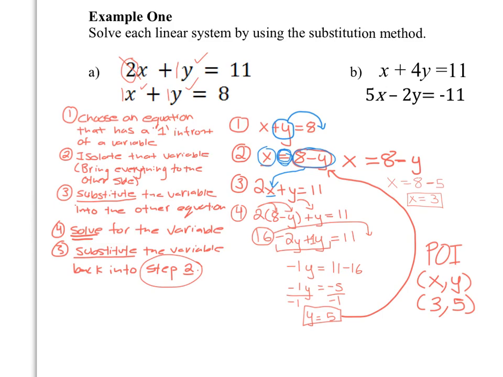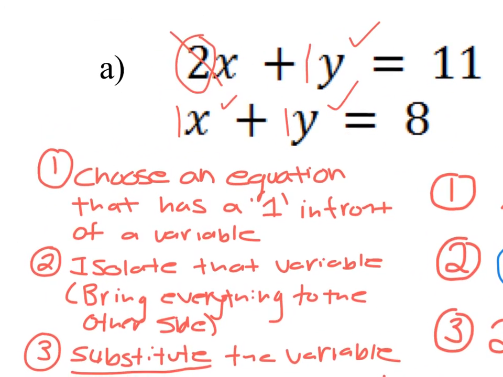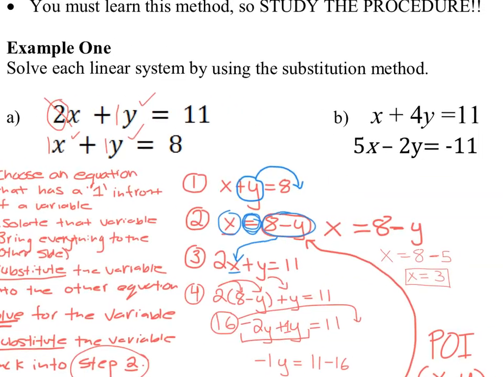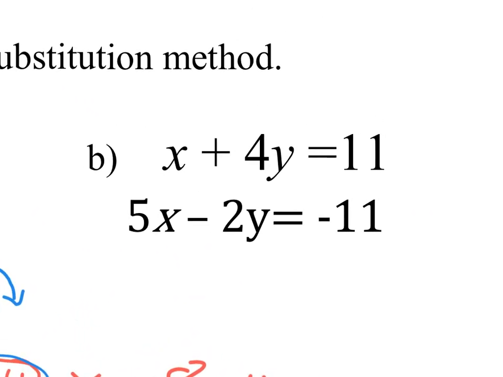So let's practice again. Step number 1, it says to choose an equation that has a 1 in front of a variable. So now looking at my next example over here, there's a 1 in front of this x, there's a 4 in front of the y, a 5 in front of this x, and a 2 in front of this y.